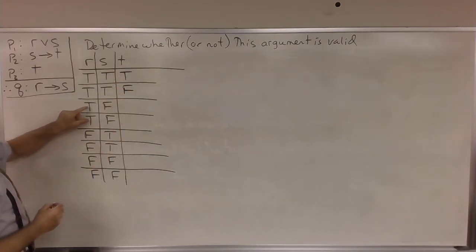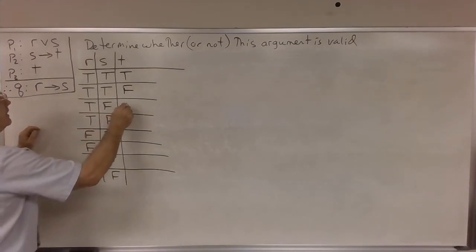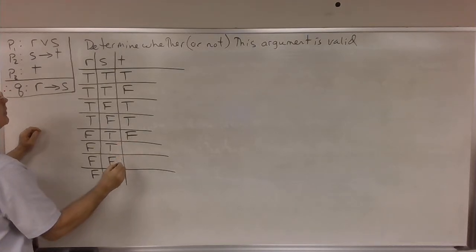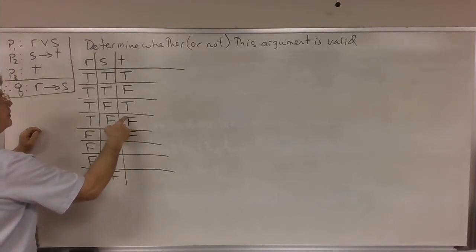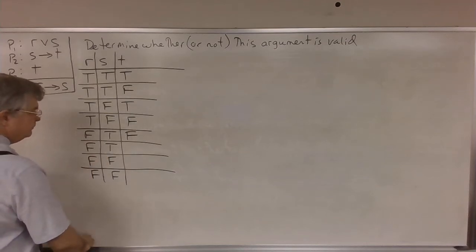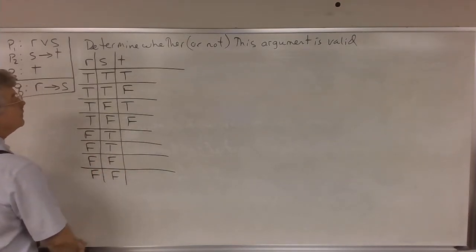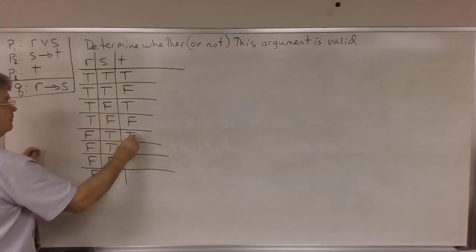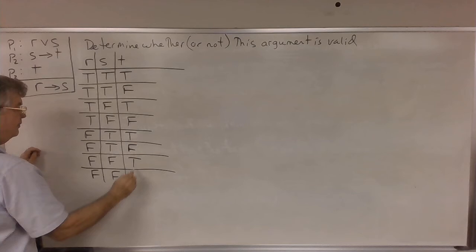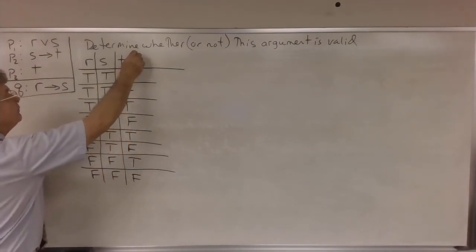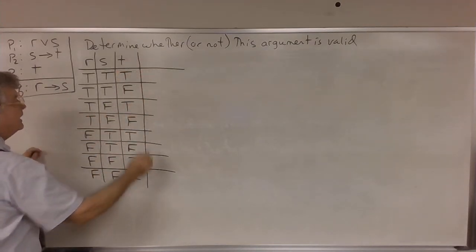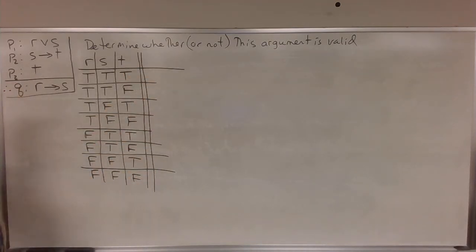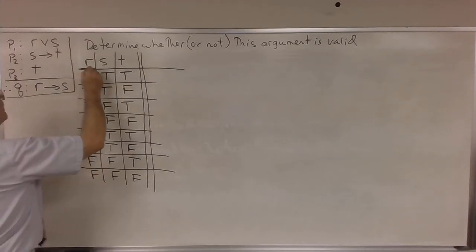If R is true and S is false, T can either be true or false. Oh my goodness, true or false. So essentially with T we go true, false, true, false, true, false, true, false. These are all of the possible combinations of truth values for R, S, and T.